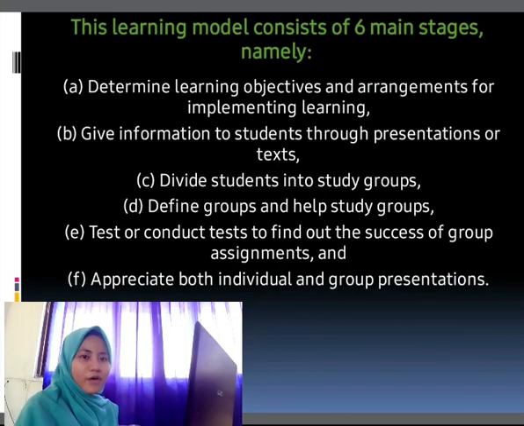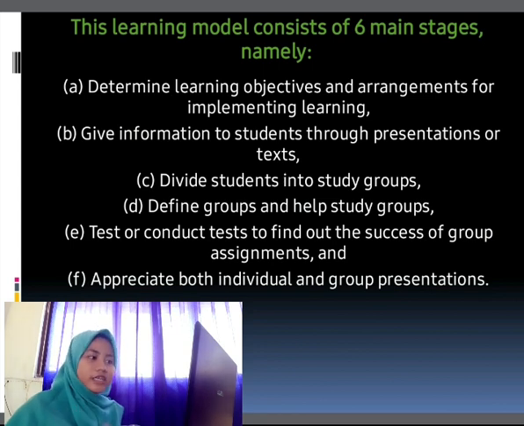Okay friends, now we will continue our explanation. Here, these are learning models consisting of 6 main stages. Namely, for the first is determine learning objectives and arrangements for implementing learning. And the second is give information to students through presentation or text.